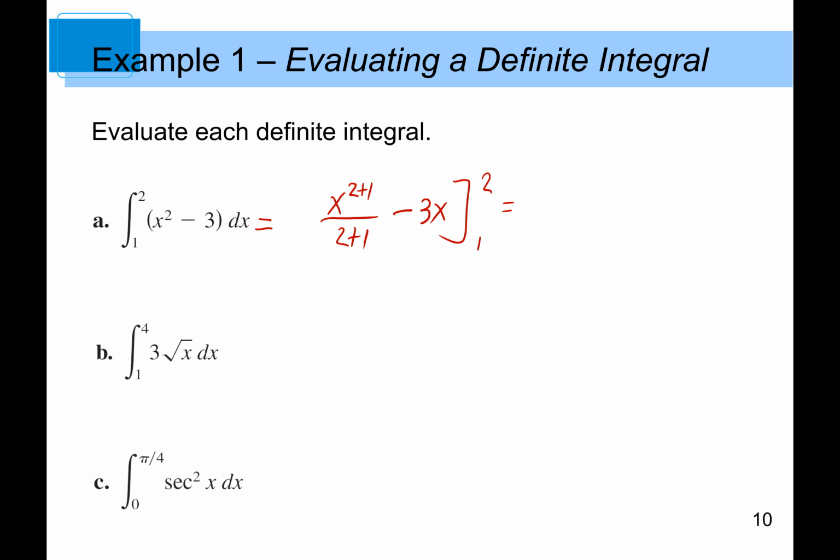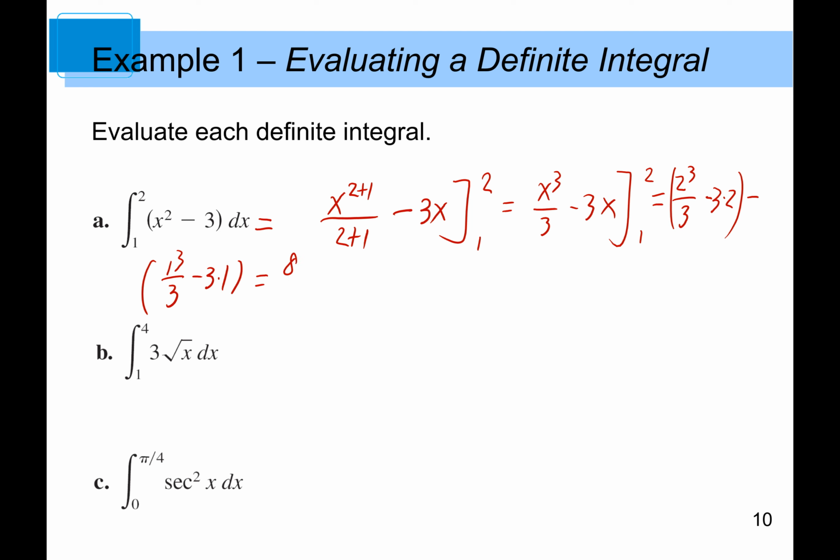Now plug in, simplify first. x cubed over 3 minus 3x, from 1 to 2. Now plug in both numbers. Plug in 2 first, so 2 cubed over 3 minus 3 times 2, minus, 1 cubed over 3 minus 3 times 1.